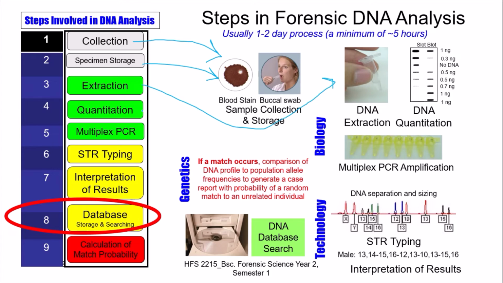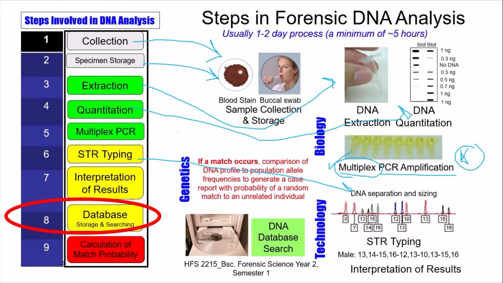After we have extracted DNA, we quantify how much DNA we have in nanograms. And then it's important to amplify using polymerase chain reaction, because most of the DNA obtained is minute or in low quantities. So we would want to amplify various segments. And that's why we do multiplexing, so that you are amplifying different markers or multiple markers.